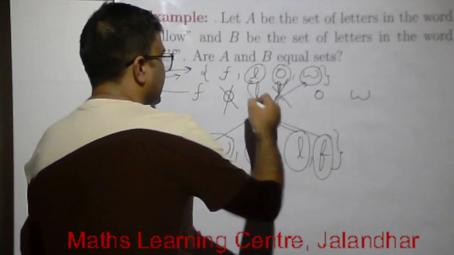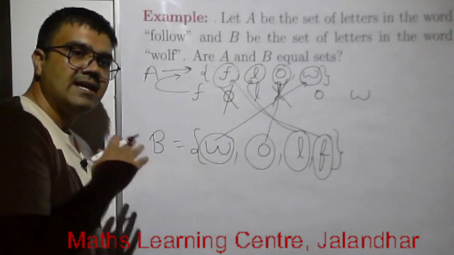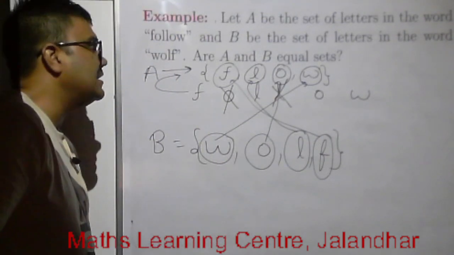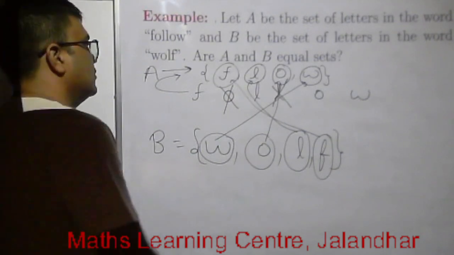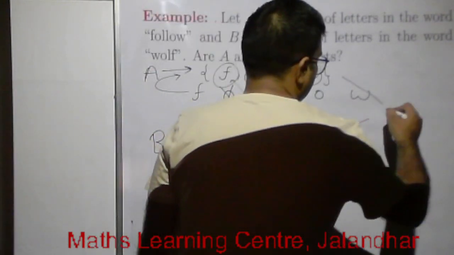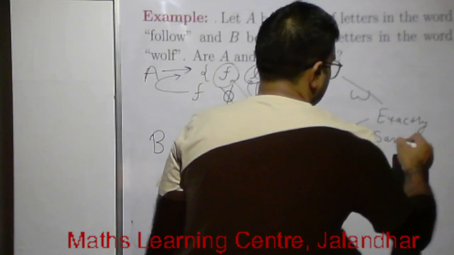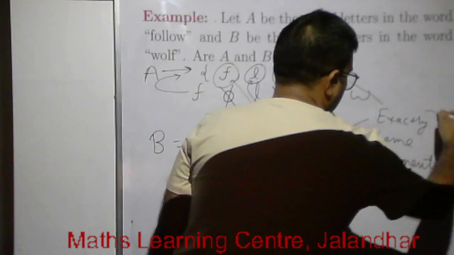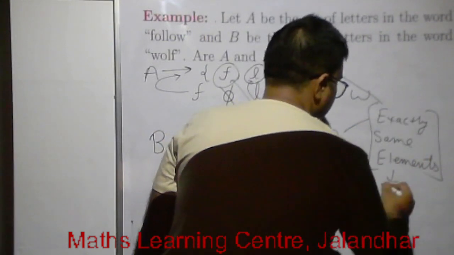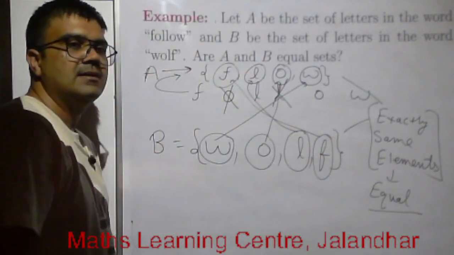F is there and F is there, same element. Both the sets have exactly the same elements, so both these sets are equal sets.